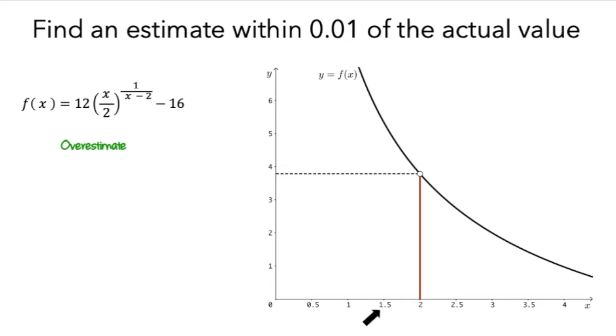So let's pick x equals 1.5. The length of this green line segment is f of 1.5. When we evaluate f at 1.5, we get 5.333. So the value of our overestimate is 5.333.